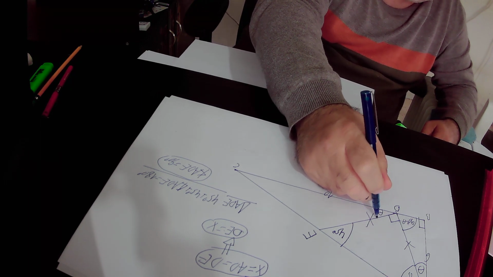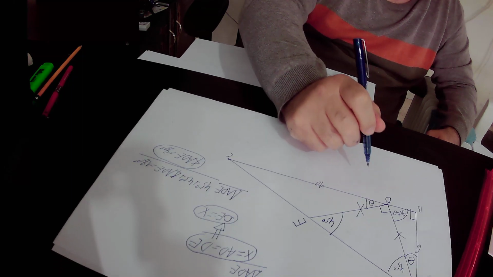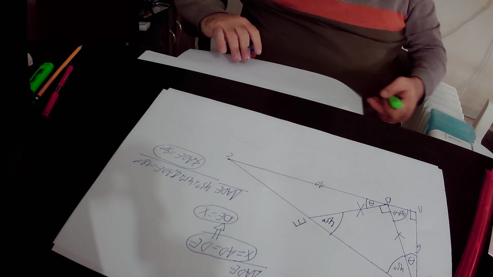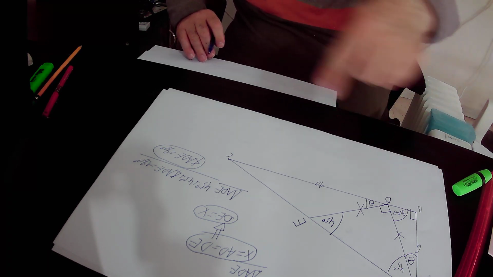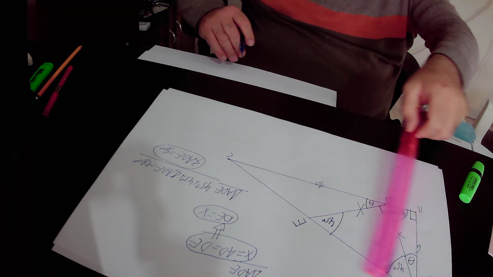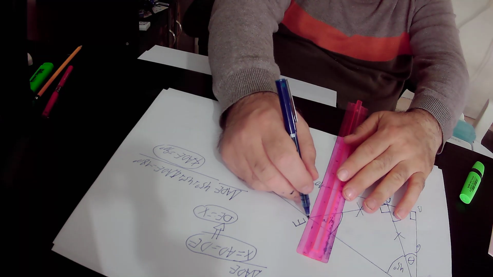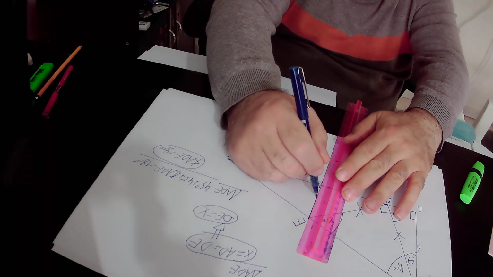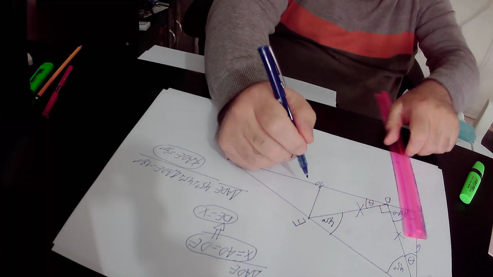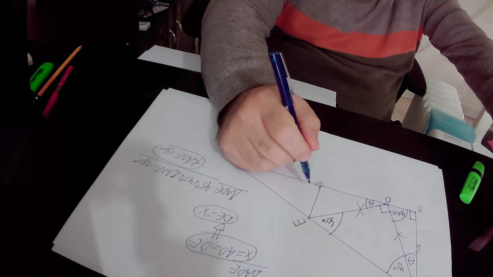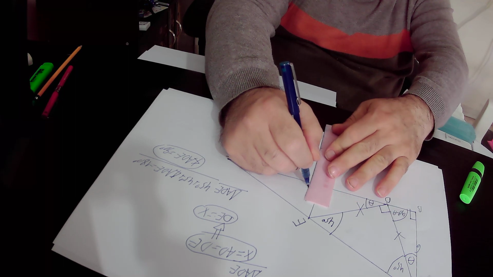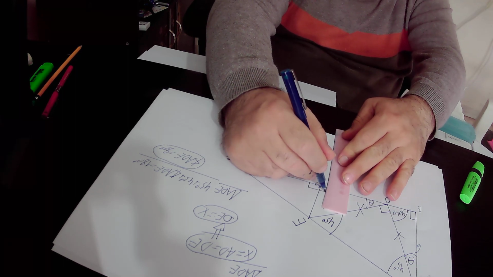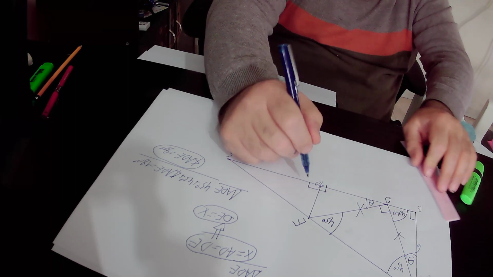In the next step, we will make another construction. From point E, we will draw a perpendicular on BC. So this angle equals 90 degrees, and this angle will also be equal to 90 degrees according to our construction.